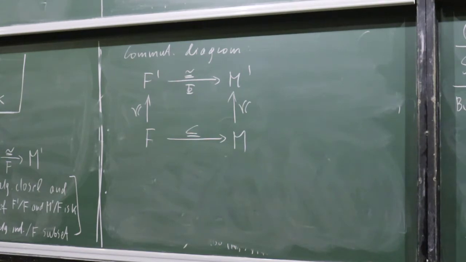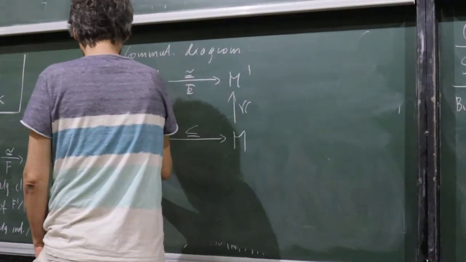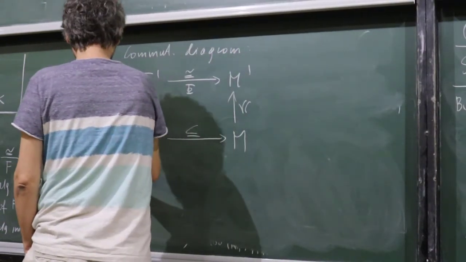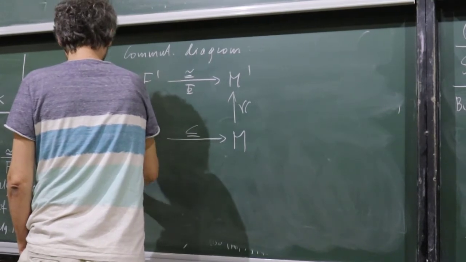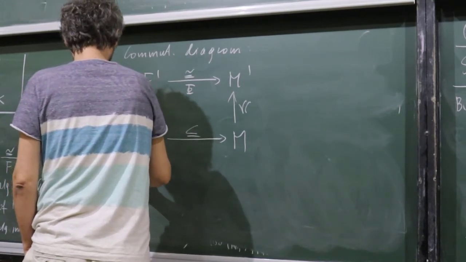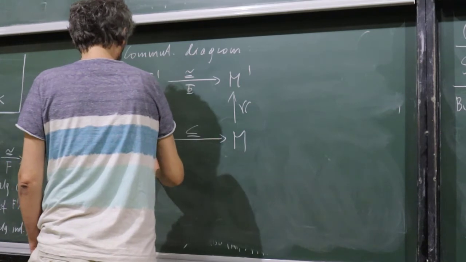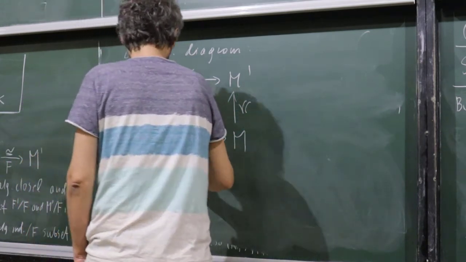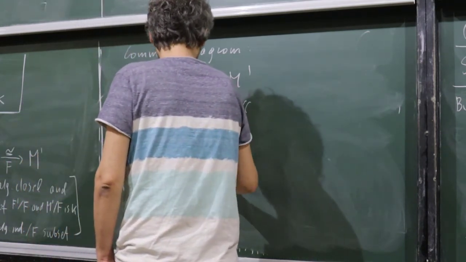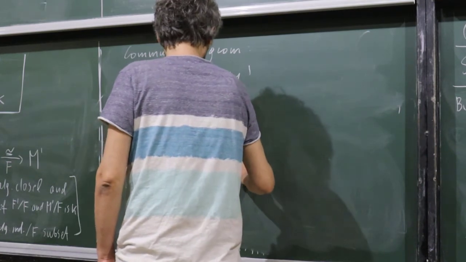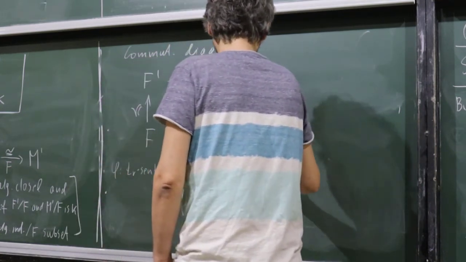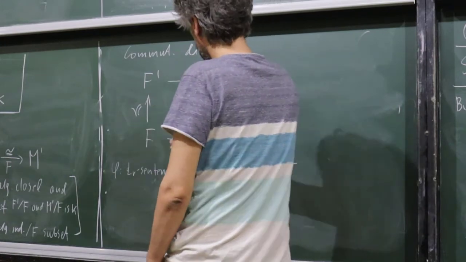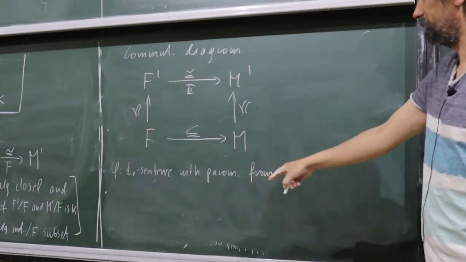And using this, if you have a sentence in the language of rings with parameters from F, then you can just go around this diagram.